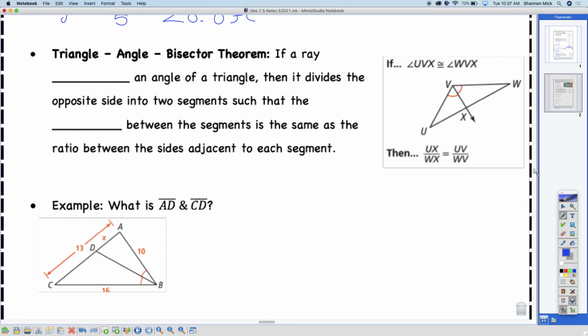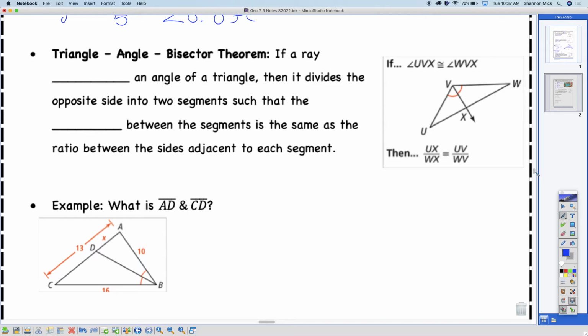Okay, so this says triangle UVX, so the left side, is congruent to triangle WVX, so that's the right side. Says that, right? Yes. If these two triangles are congruent, then what did this do? It made those angles equal.